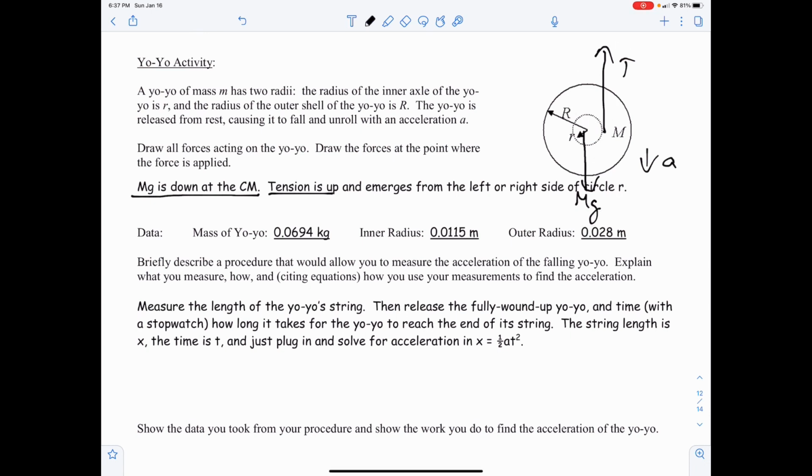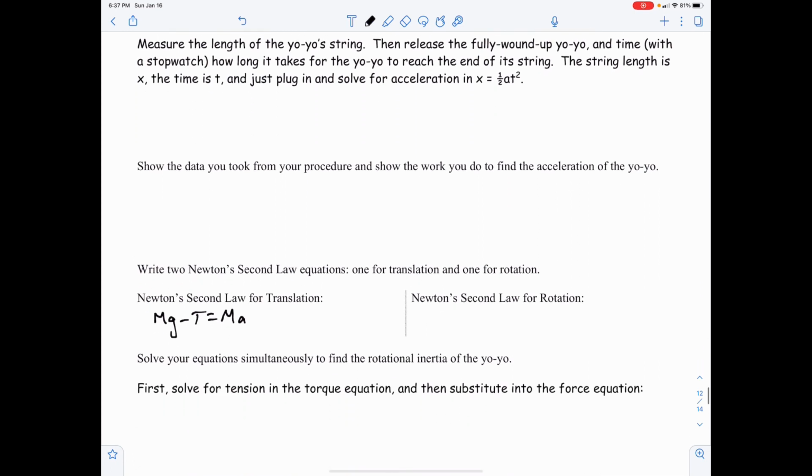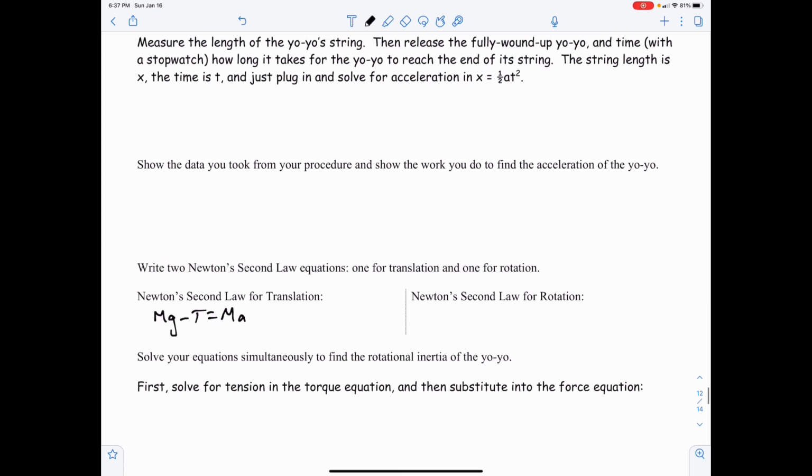But at the same time, the tension in the string is causing rotation. Therefore, tension causes a torque. So net torque equals I alpha, and it's tension times radius. Remember, guys, torque is force times distance.